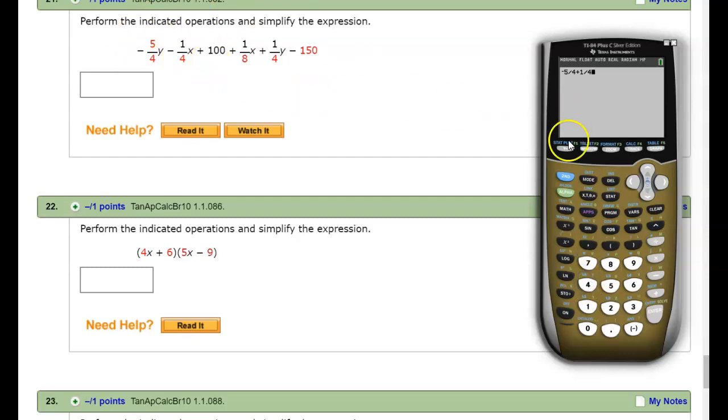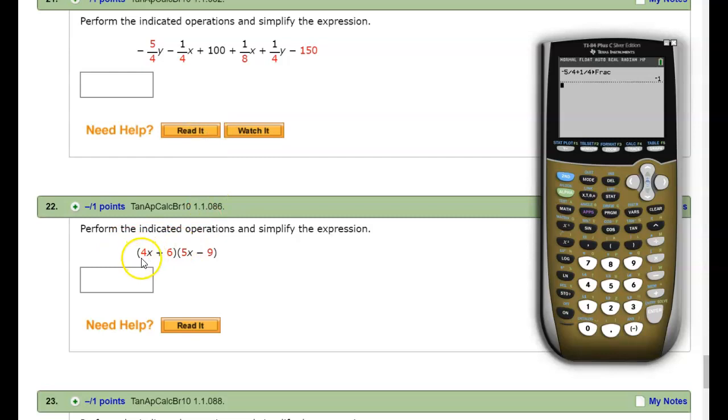And I want it to be a fraction, so I'll do math, enter. And it gives me negative 1, which is what I thought it should have been. But it might have been a different number than that. 1/4 and 1/8 is going to give me a fraction for sure. So make sure you're using your calculator if you're going to have trouble adding or subtracting numbers.